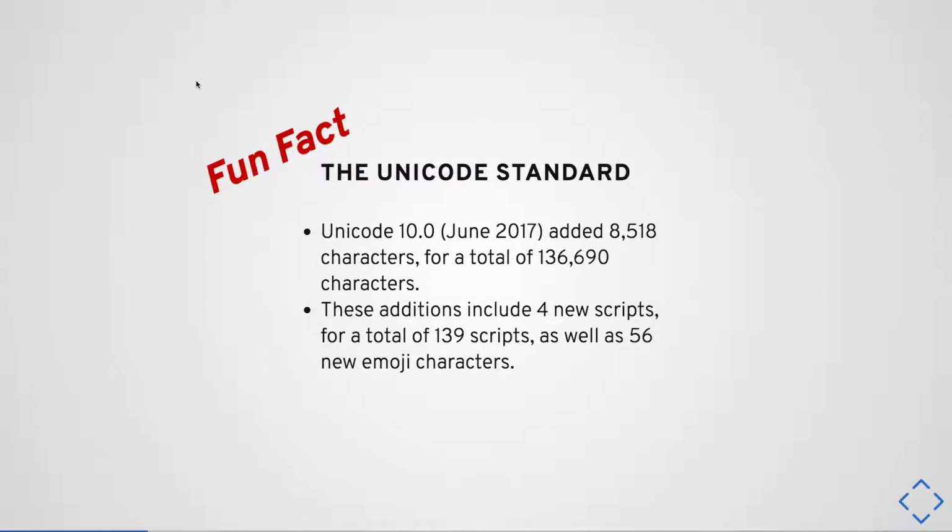Also a fun fact, there's a new release of Unicode every year, I believe. Unicode 10, released last June, added 8,500 or so more characters for a total of 136,000 characters. So out of that 1.1 million, we're using 136,690. Okay, and that includes 4 new scripts, so 4 new writing systems for a total of 139 writing systems.